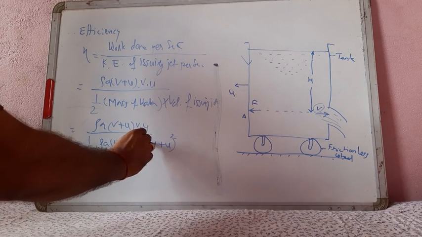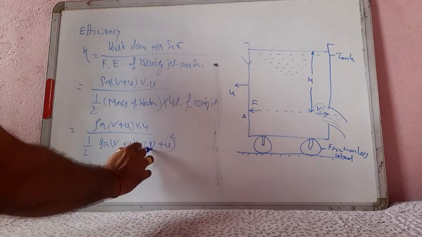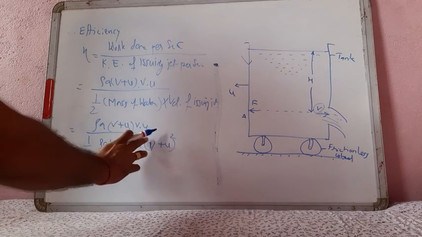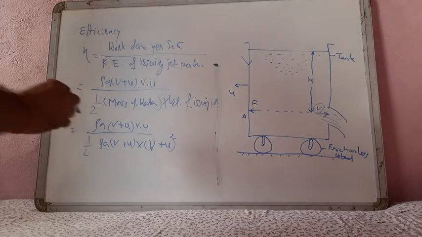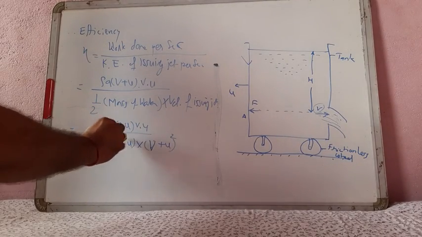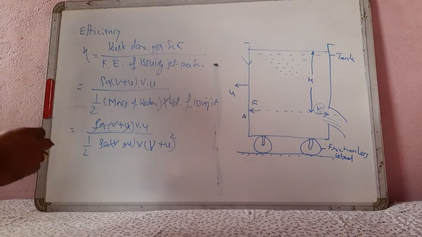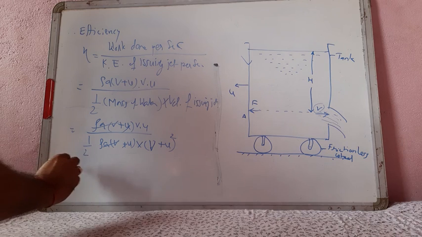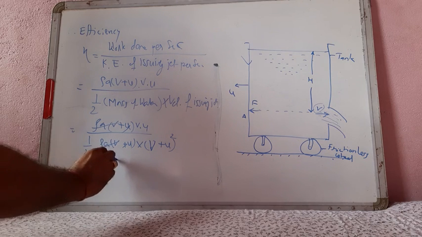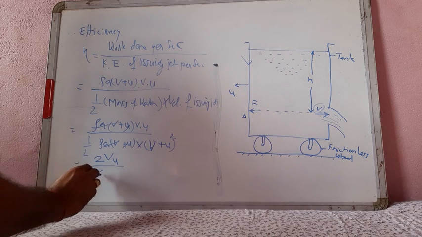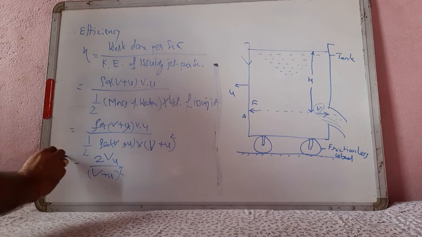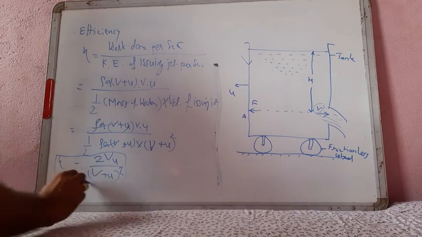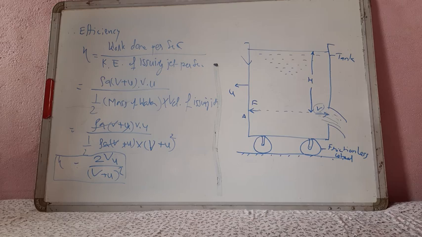Now cancelling rho A (V plus U), the resulting value is 2VU divided by (V plus U) square. This is the equation for efficiency. Eta equal to 2VU by (V plus U) whole square.